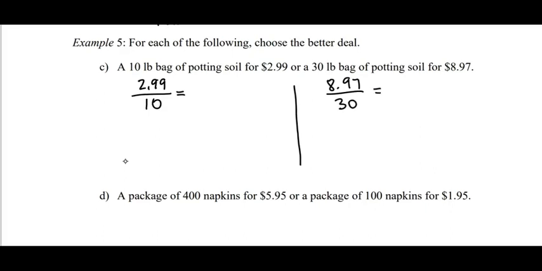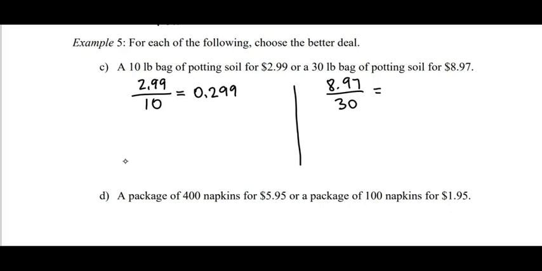All right, it has to be set up exactly right. If you start with the price on top, which is what you should do when you calculate the unit price, you start with the price and then you do the units on the bottom. So 2.99 divided by 10 would give you 0.299.